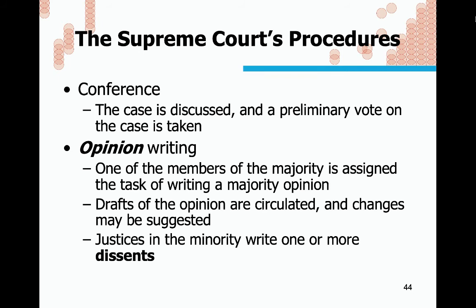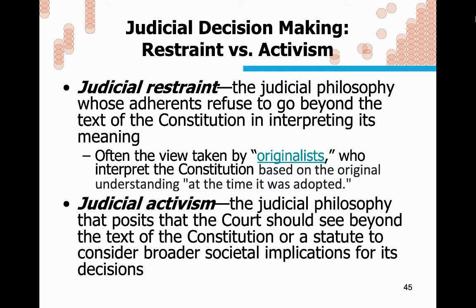If the Chief Justice is involved and is a member of the majority, it's often the Chief Justice who writes the majority opinion. Drafts of the opinion are circulated and read over, and changes can be suggested. Justices in the minority write one or more dissents, and other justices in the majority can also write opinions.